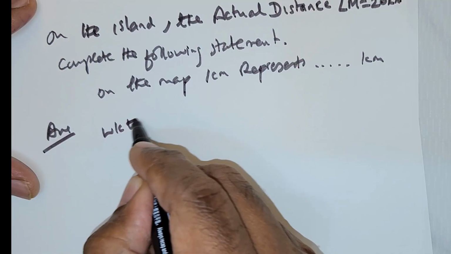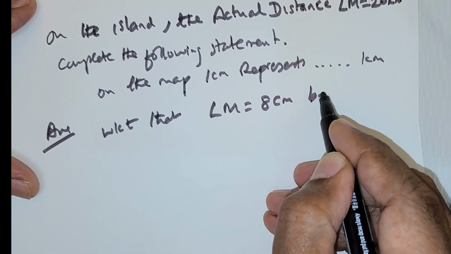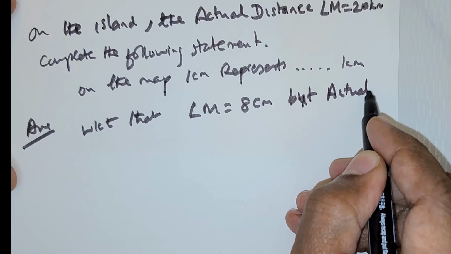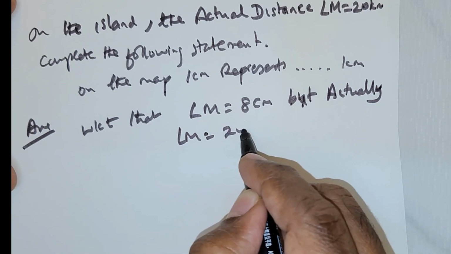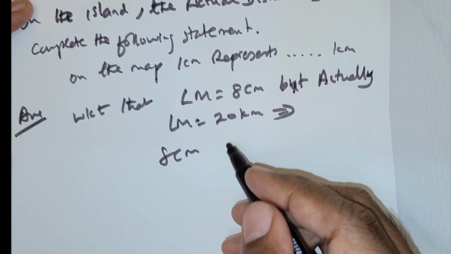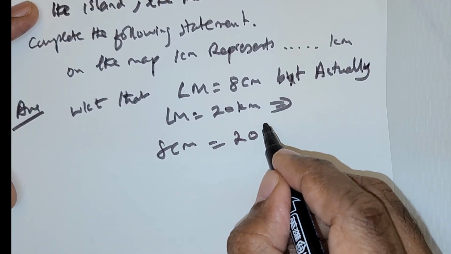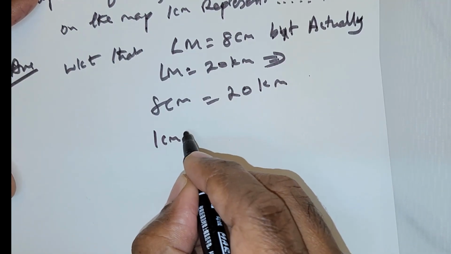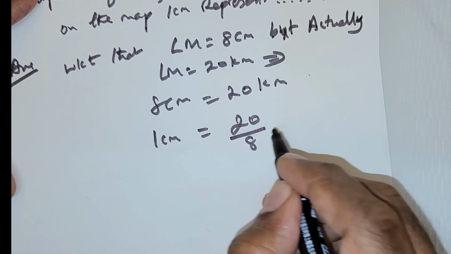Now what is the answer? We know that LM is equal to 8 cm, but actually LM is equal to 20 km. So this means 8 cm on the map is in reality 20 km. So that means 1 cm on the map will be 20 divided by 8.